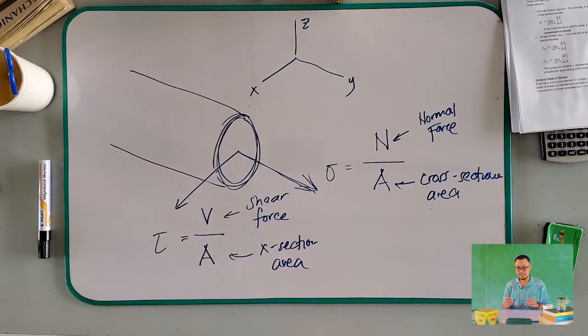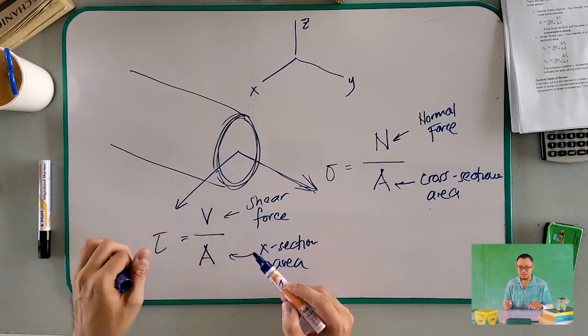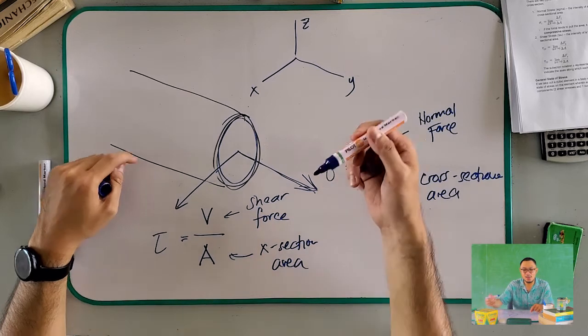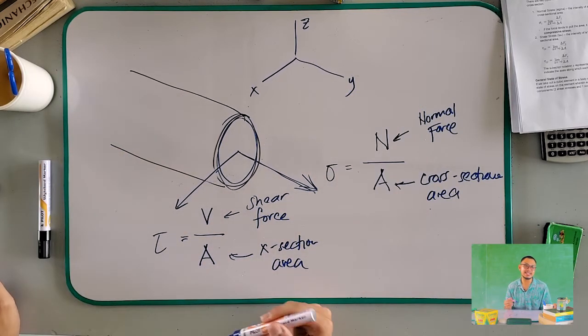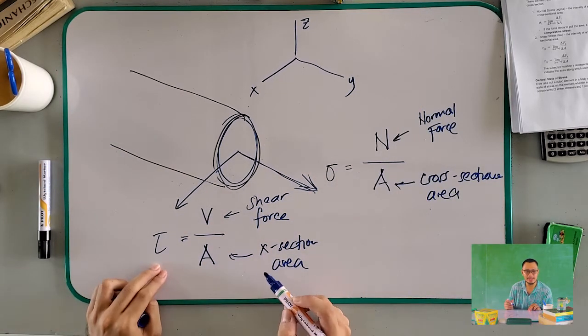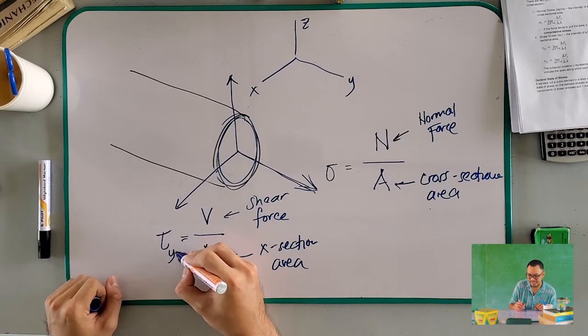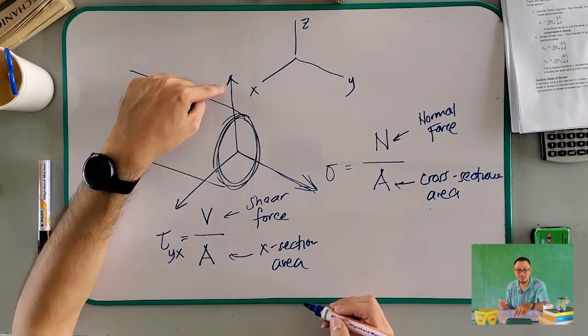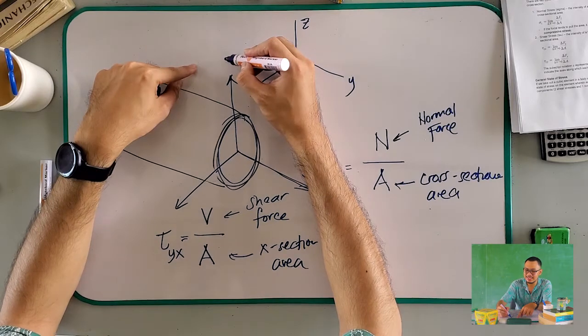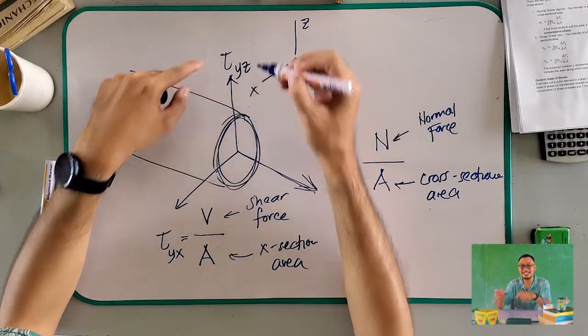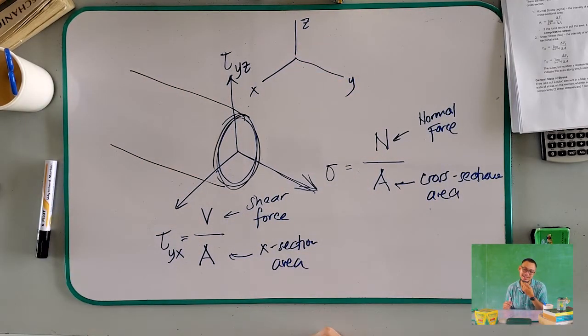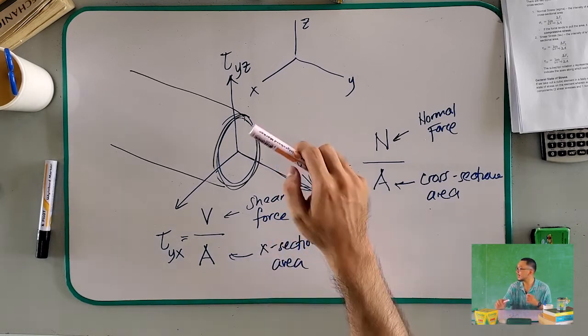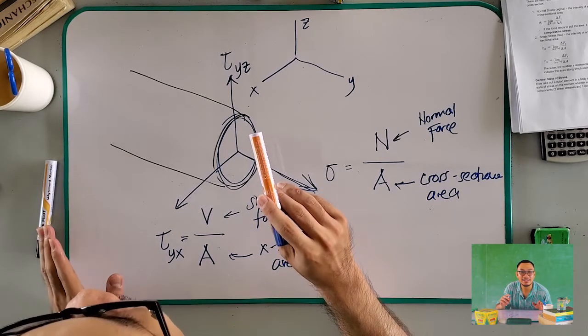So, if ang atong shear stress is going to the x-axis, we call this one tau yx. And we call this other shear stress as tau yz. Kay, para natay difference sa ilang duha.